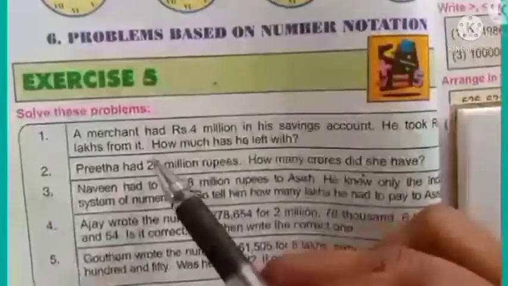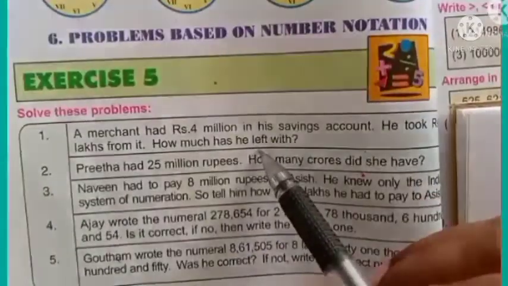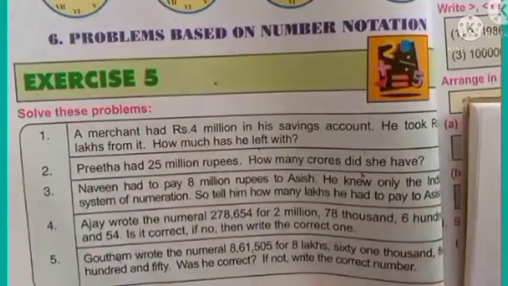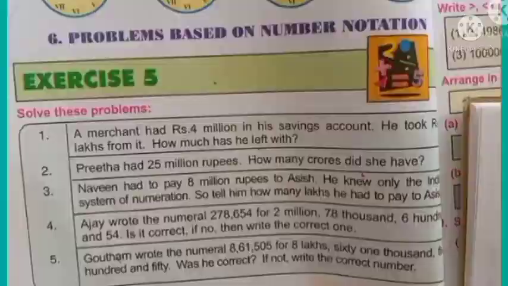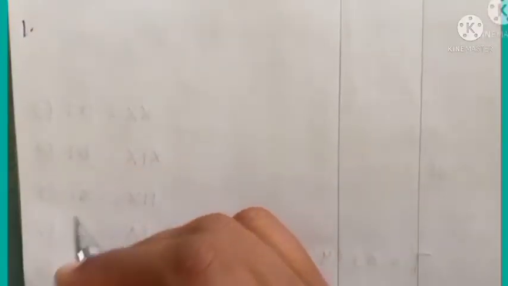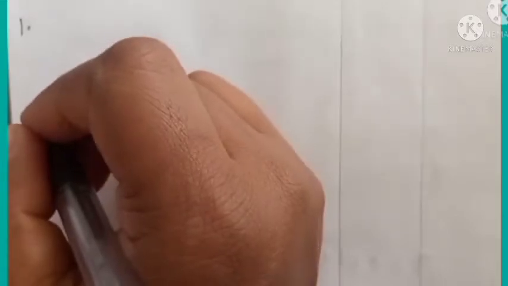See, dear children, first you need to copy down this question. Some you need to copy. I am going to write only the answer, dear children. See, dear children, I have written like this. Okay, so first answer, let us solve. So, amount merchant had in his saving account.